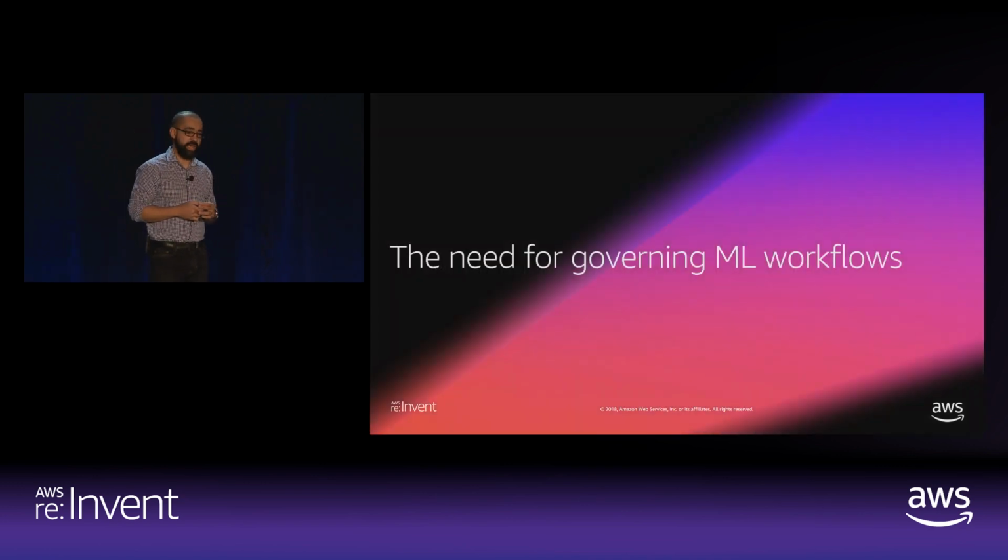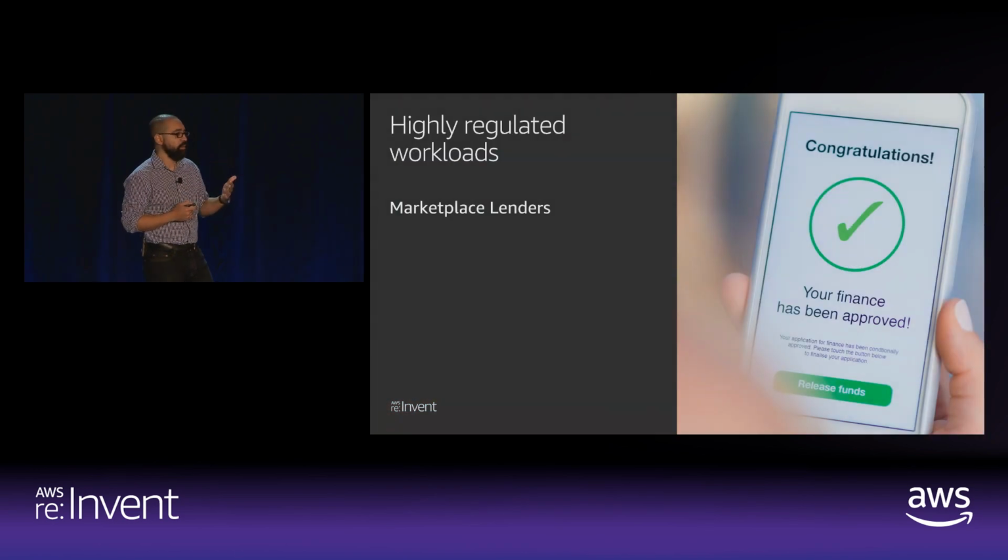So we start with the need for governing machine learning workflows. One workload in particular that is a very good one to help illuminate the reasons for governing a machine learning workflow is a workload that participates in the credit lifecycle decisioning process.